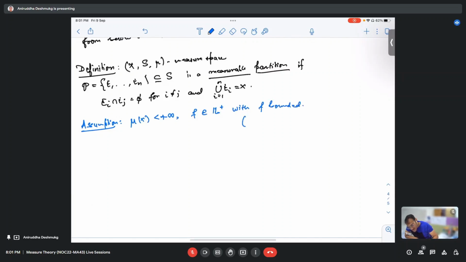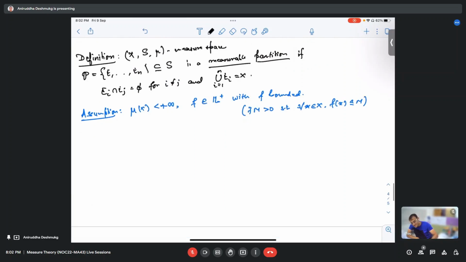Bounded means there is some capital M such that for any x, f(x) is less than or equal to M. It will be clear why we require it, but for the time being, let us just assume that the measure is finite and f is a bounded measurable function.